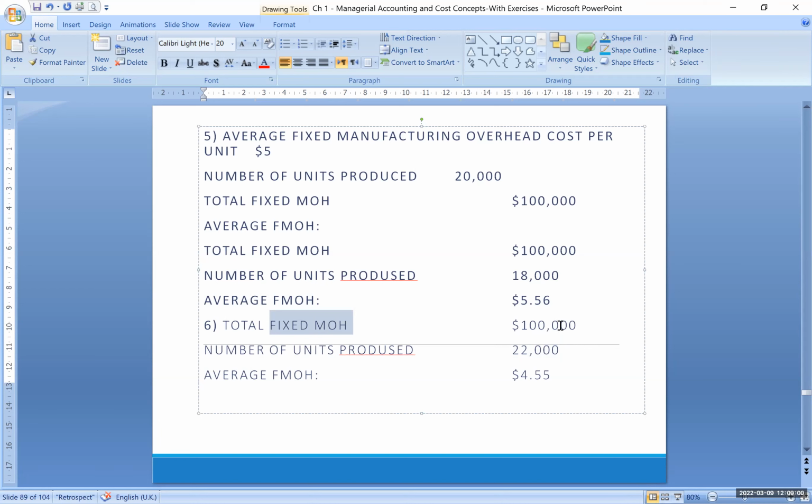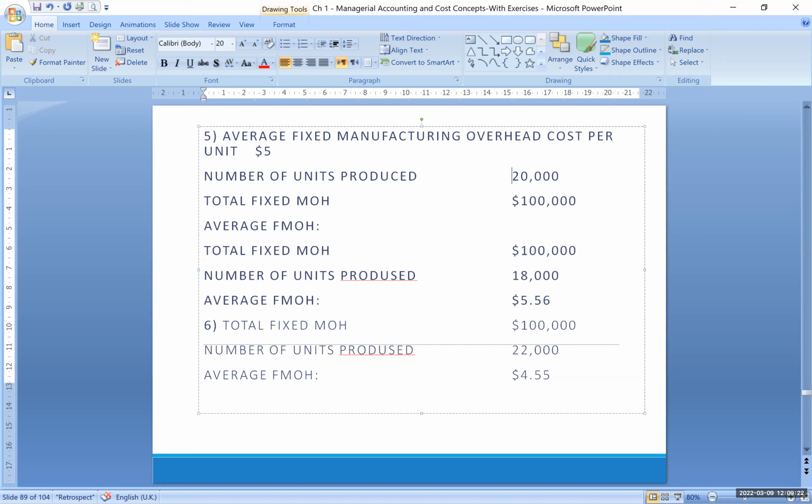So we are paying the 100,000 only up to the level of 20,000. Like the rent, the rent is paid regardless of how many units they produced or sold to the factory. Similarly, we are paying the fixed manufacturing overhead depending on this level, which is 20,000.